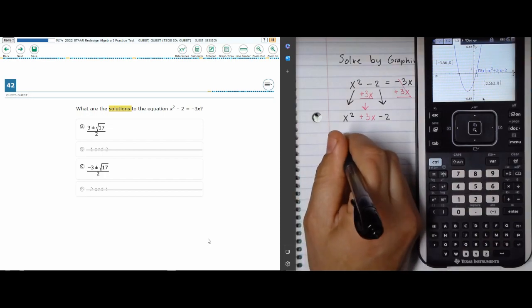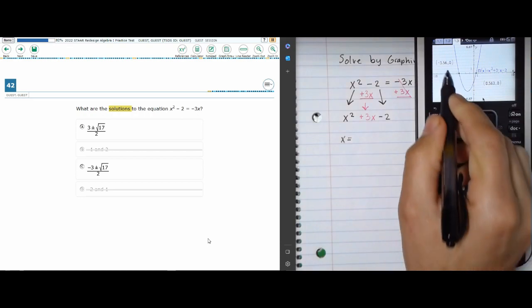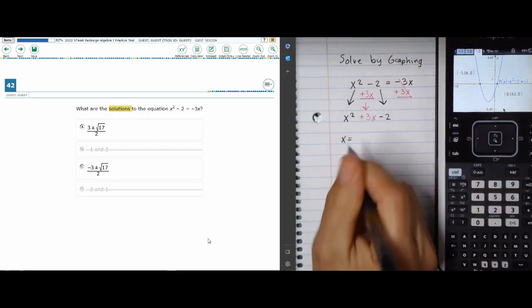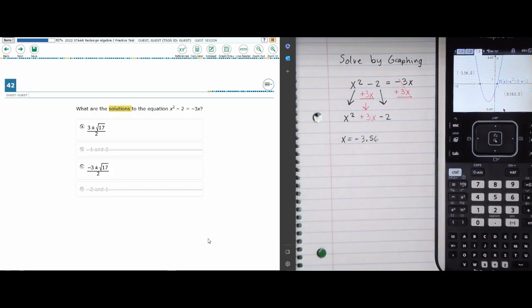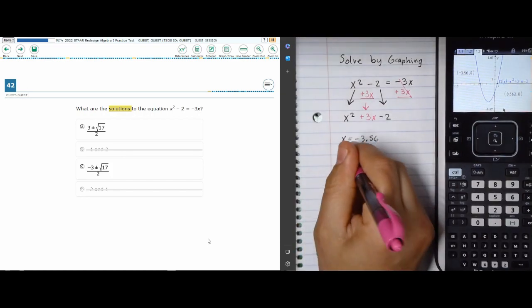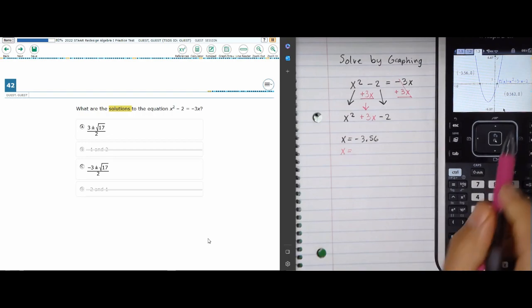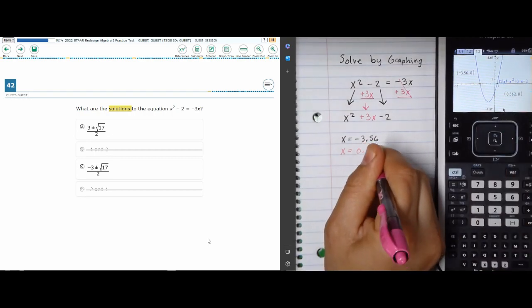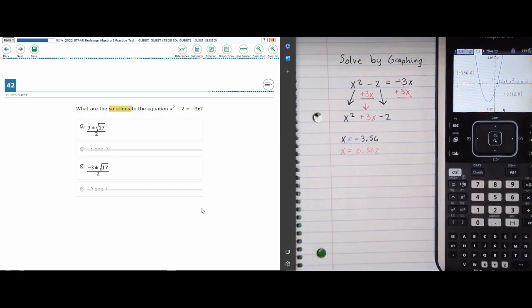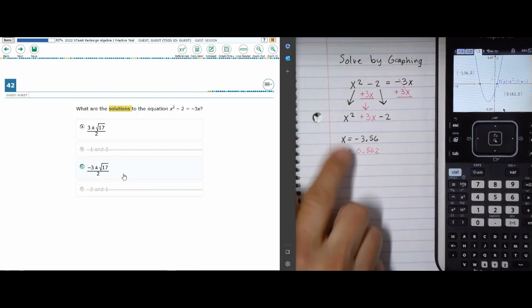For the first one, I'm going to put x equals negative 3.56. And for the second zero, I have 0.562, and it's positive. So that doesn't really help me that much, right? Because one is positive, one's negative. So it's hard to tell which one it might be.